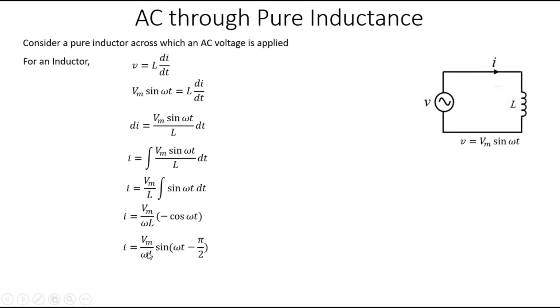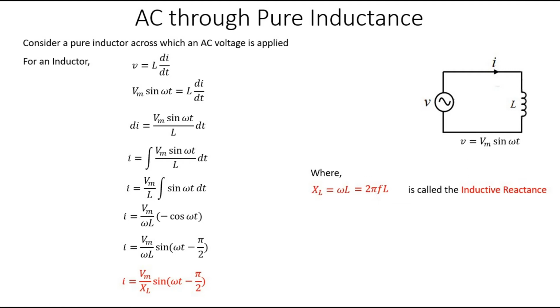Again we can term this omega L as XL. So I equal to Vm by XL sin omega t minus pi by 2 is the current, where XL equals omega L. We are substituting omega L and terming it XL, which is called inductive reactance, equal to omega L, where omega is 2 pi f. So we can write it as 2 pi f L, where f is the frequency.